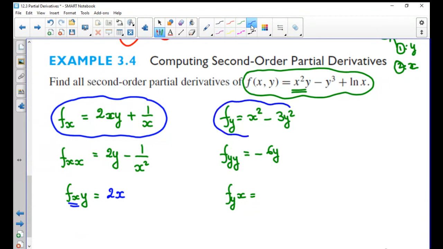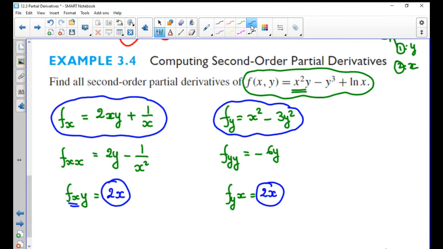Fyx, so I go to fy and I differentiate it with respect to x. 2x also, that's it. Now, can you see that these two are actually the same? So it doesn't matter, generally speaking, when you want to calculate the second derivative, fxy, fyx, they're exactly the same function.